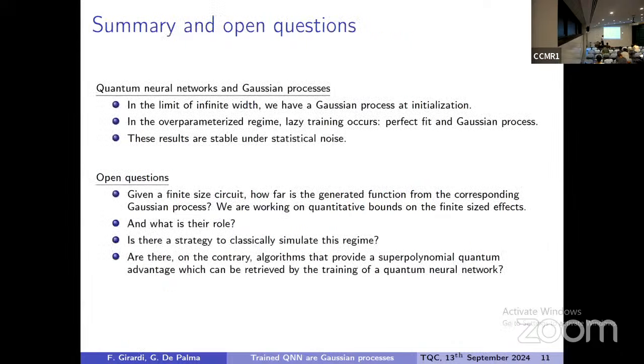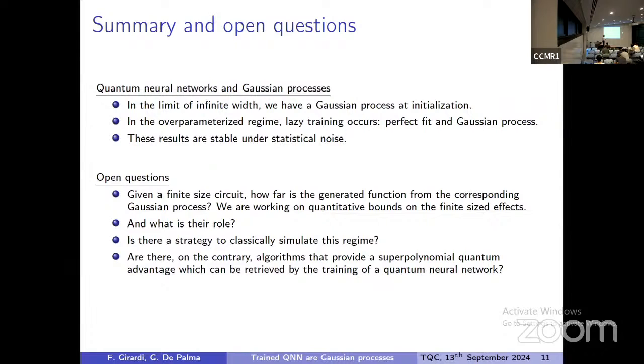So in order to conclude, I just want to say that in this work we have studied the overparameterized regime in which the quantum neural network turned out to be a Gaussian process at initialization, turned out to be trainable and producing a regular function during the training.